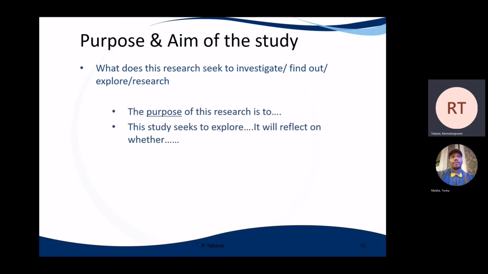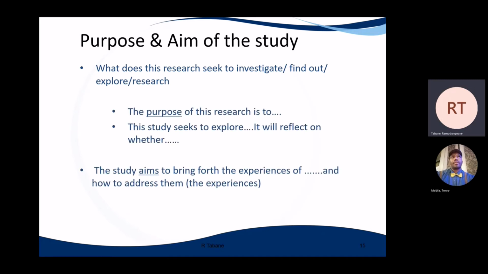So here are examples of how to write the purpose statement and your aim. The purpose is to do this. This study will explore, as I indicated, it will reflect on, to indicate the aim or the aims. This study aims to bring the experiences of, and how to do what?